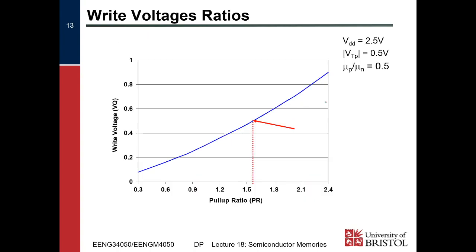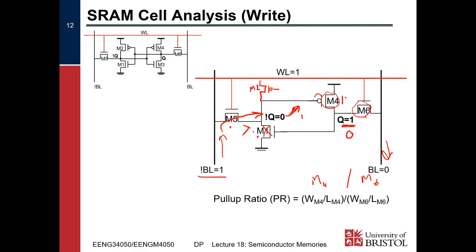This is a trivial matter due to the fact this is a PMOS transistor. Because the PMOS transistors have a lower electron hole mobility, they have a higher on resistance for the same size. Merely having a minimal sizing on both M4 and M6 is sufficient for M6 to overpower M4, because M6 is an NMOS driving a 0, whereas M4 is a PMOS of the same size, hence higher resistance, driving a 1, right?